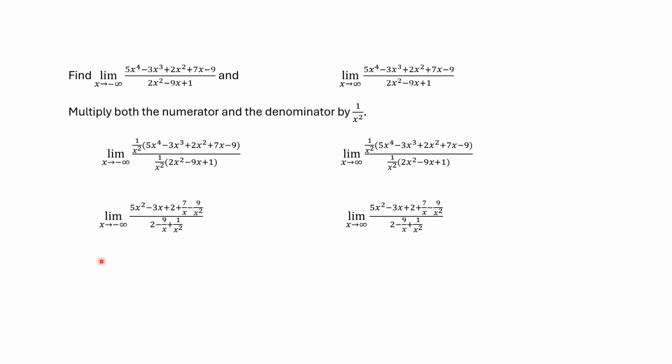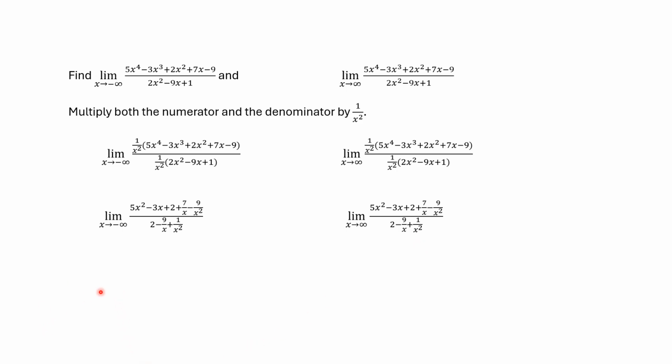As we move the 1 over x squared through the function, we get 5x squared minus 3x plus 2 plus 7 over x minus 9 over x squared, over 2 minus 9 over x plus 1 over x squared. And we're going to see the same thing happen over here.